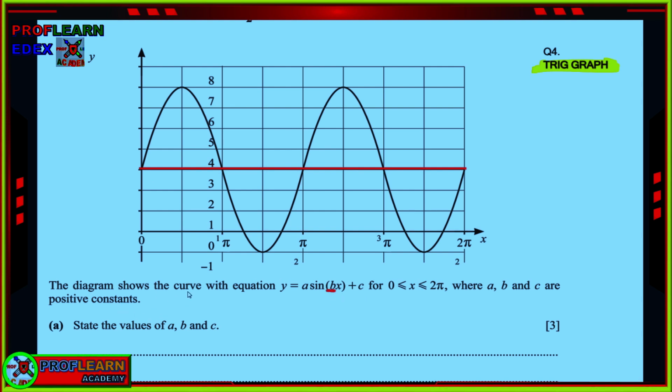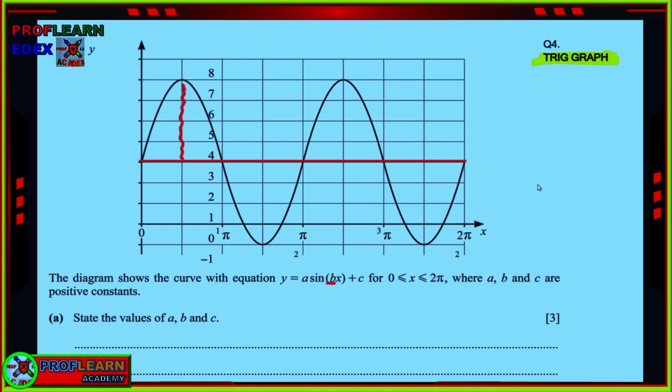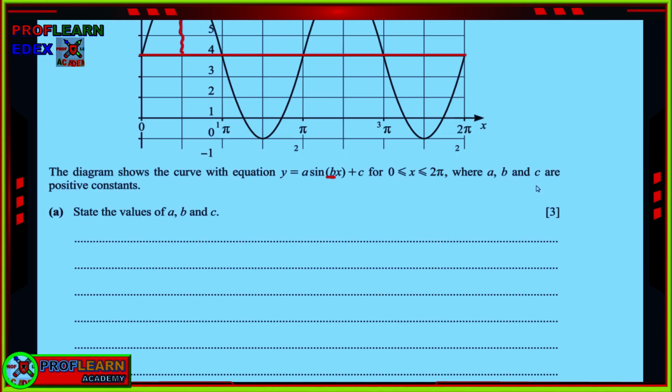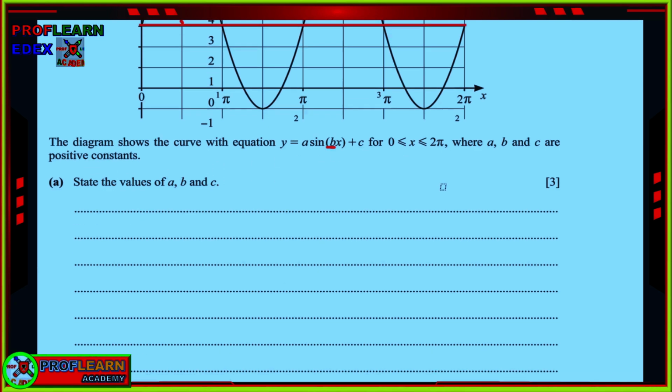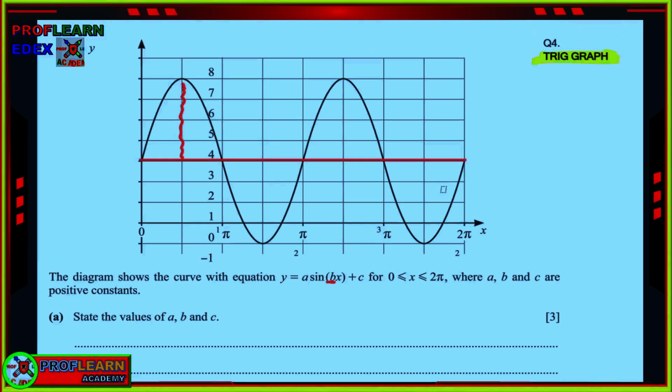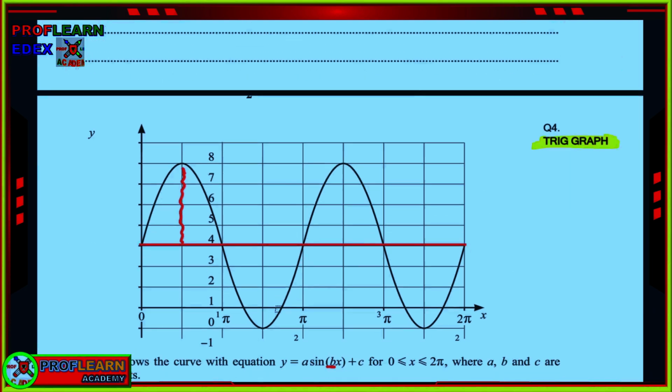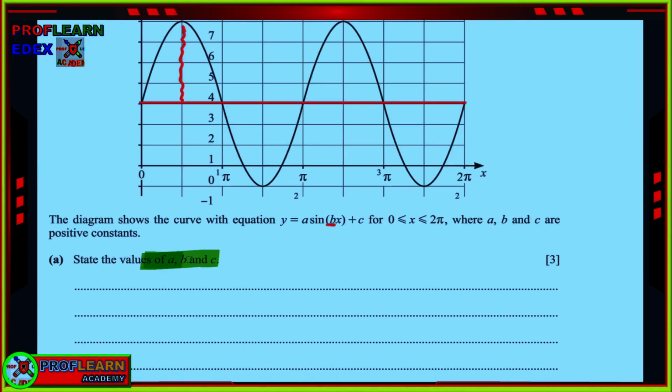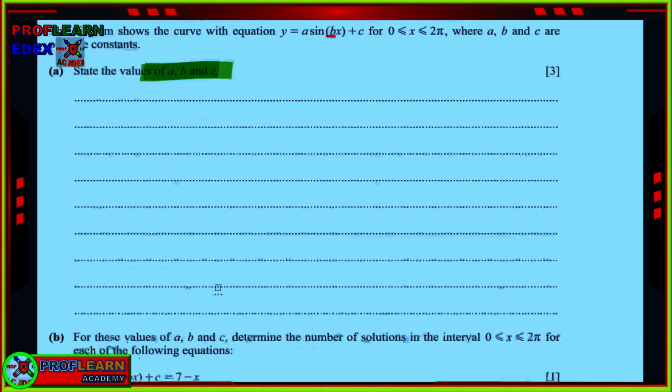Whenever we solve this paper, we are going to see how to answer that question. You'll be given questions to do with trigonometric graphs, and then you are expected to find missing values like that.